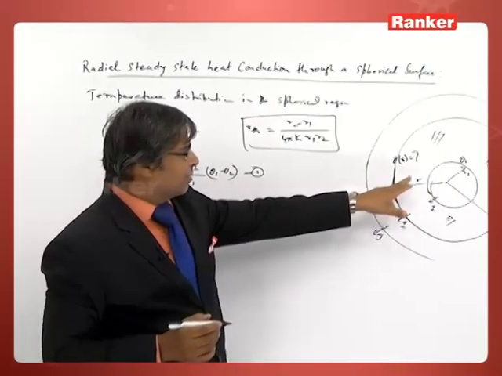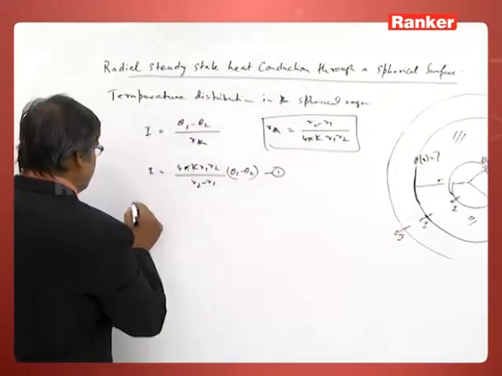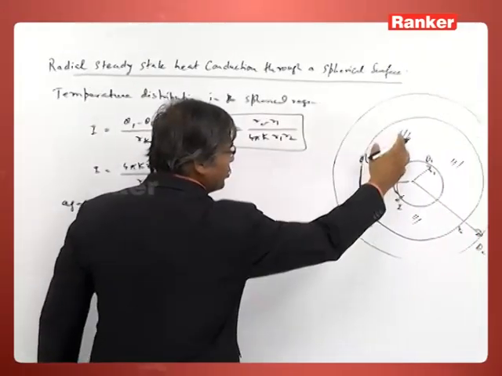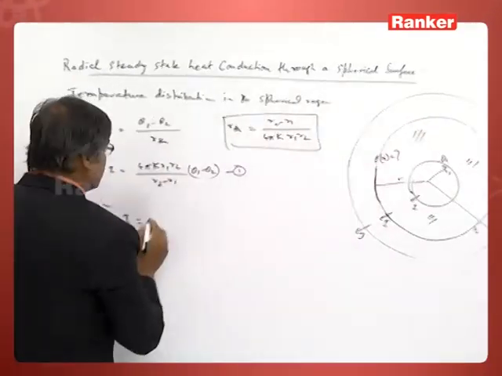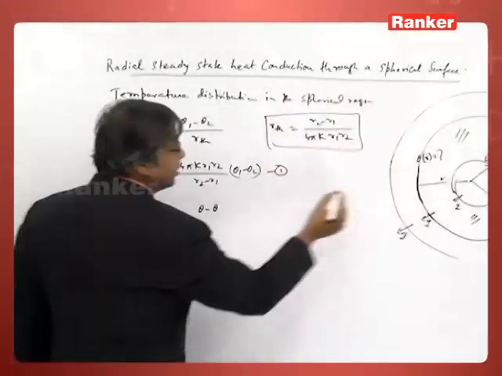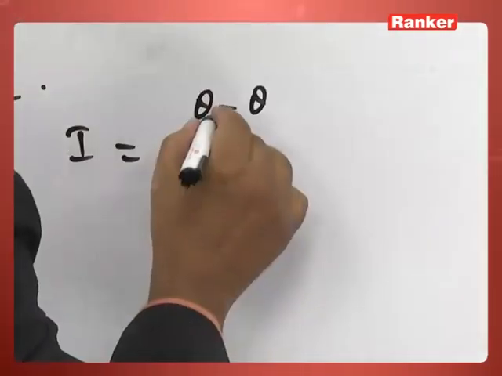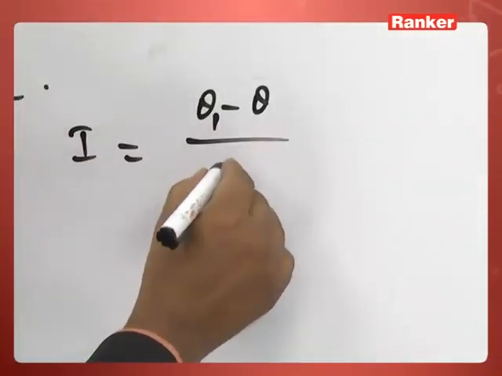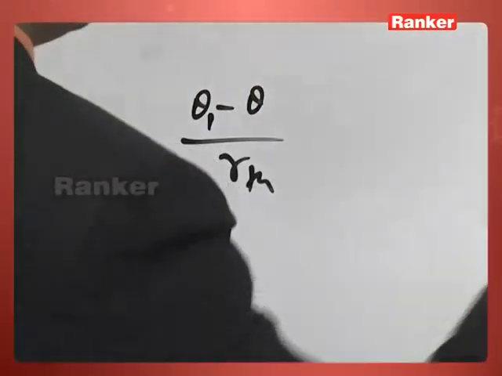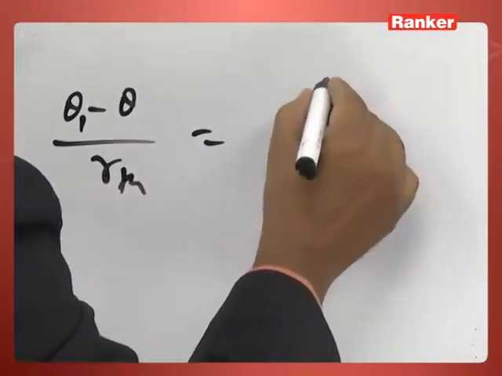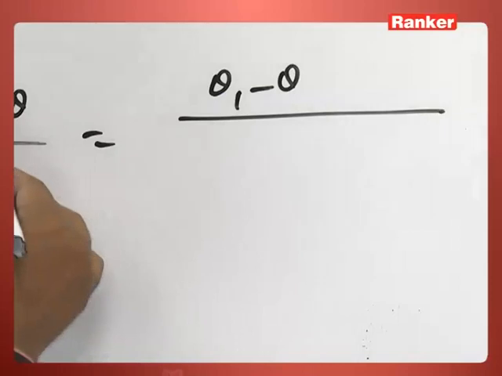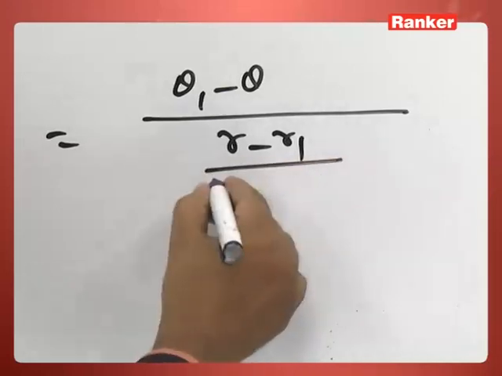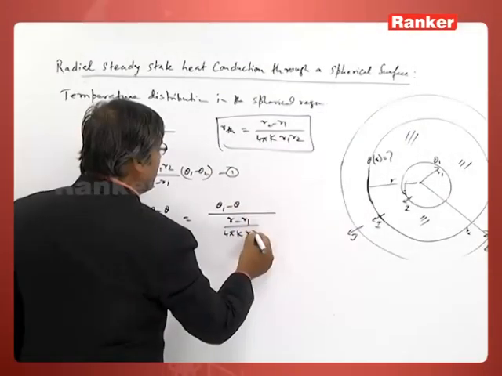Now, I am interested in calculating theta here. So, again, if I consider only this portion, I will be (theta 1 minus theta) divided by the thermal resistance of this portion, which means (R minus R1) by 4 pi K R R1.